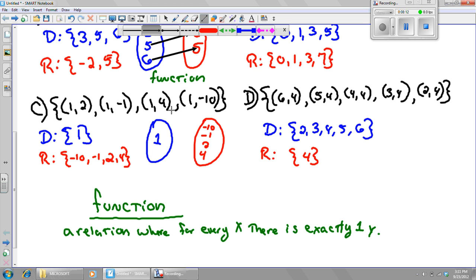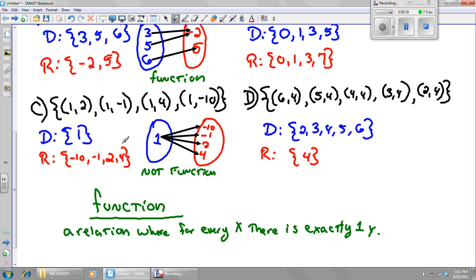And 1 goes to -10. It also goes to -1. It goes to 2. And it goes to 4. So I look at the members of my domain. For 1, does it go to more than one number? Absolutely. This is not a function. This one is not a function. It is only a relation.